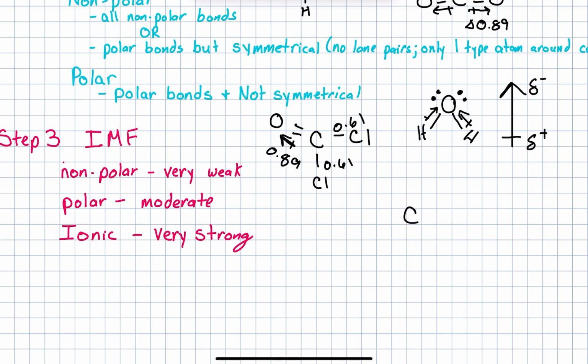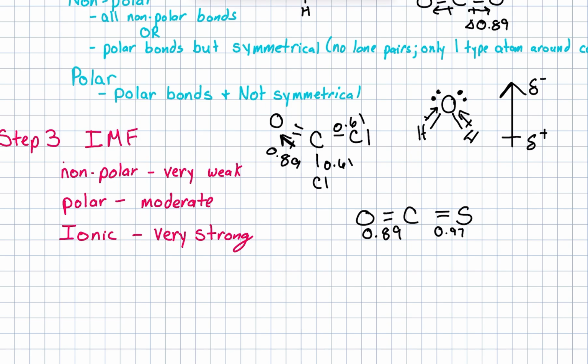So for example, with this, when I had my oxygen, and then let's say I have it double bonded to a sulfur, this would still be a polar molecule because the difference here is 0.97, whereas my difference here was 0.89.